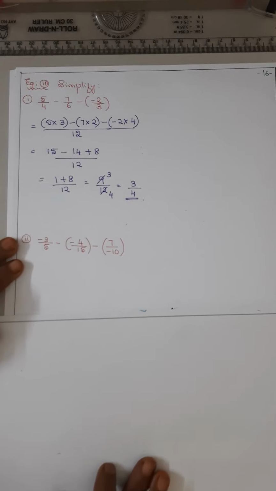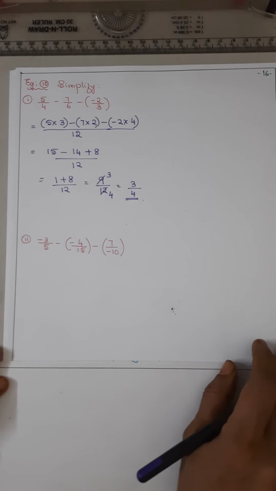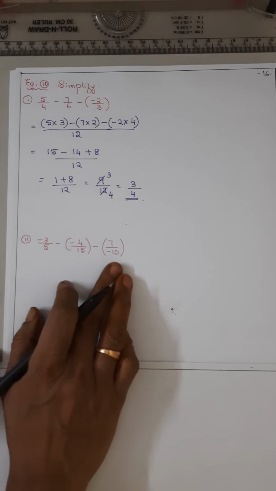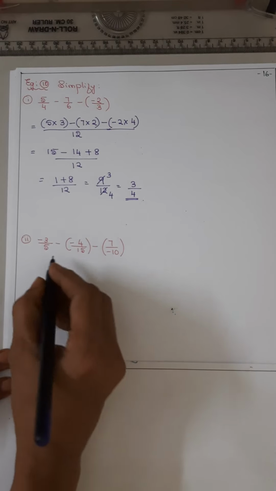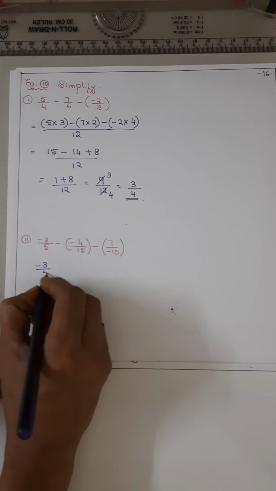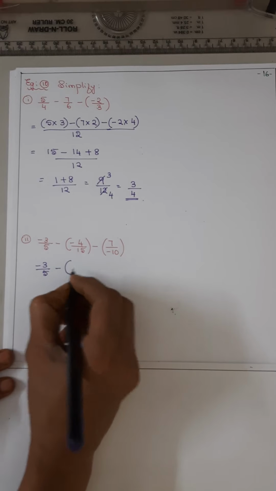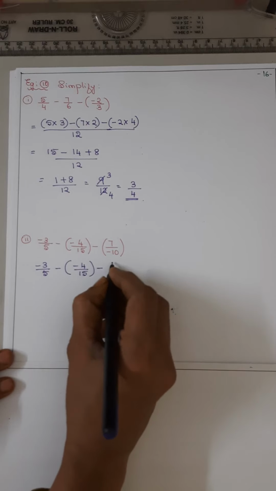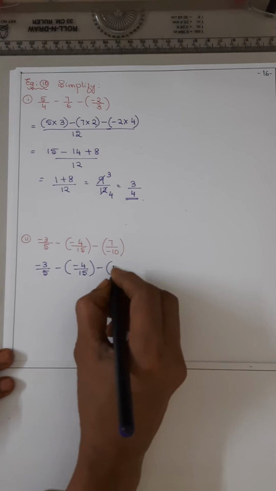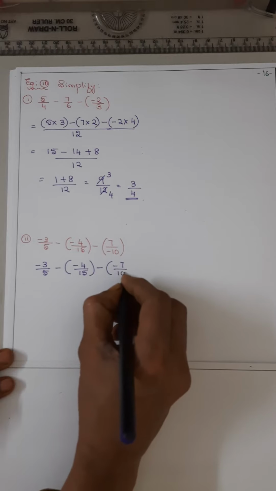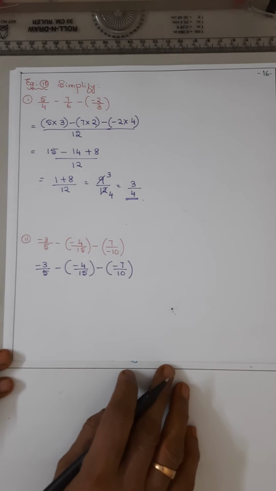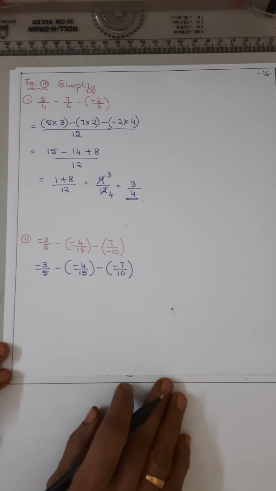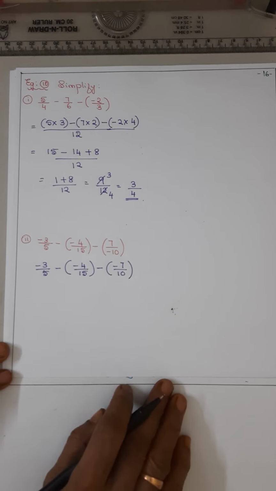Okay. Now coming to the second subdivision. 5, 15 minus 10. First convert. So minus 3/5 minus 4/15 minus, now this one will be minus 7/10. सबसे पहले ये काम करने का है आपको. डिनोमिनेटर नेगेटिव है तो उसको पॉजिटिव करने का है.